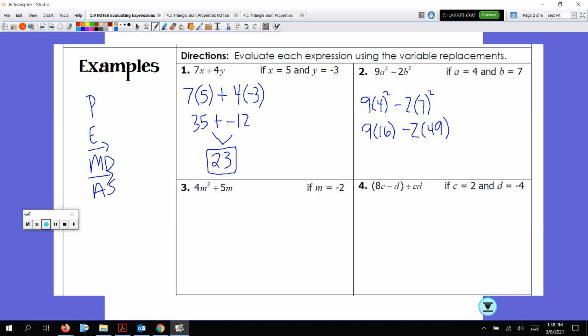All right, now I need to multiply 9 times 16. That gives me 144. And then 2 times 49 is 98. Oops, sorry about that. So now I have 144 minus 98. Put that in my fancy little calculator and get 46.